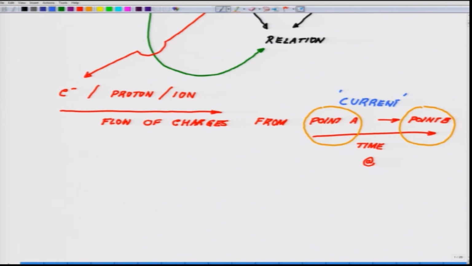Okay. So, unless point A is sitting at a higher potential as compared to point B, there is no way that the charge will be drifting like this, unless you give extra energy into the system where you can make a charge to flow in the reverse direction.